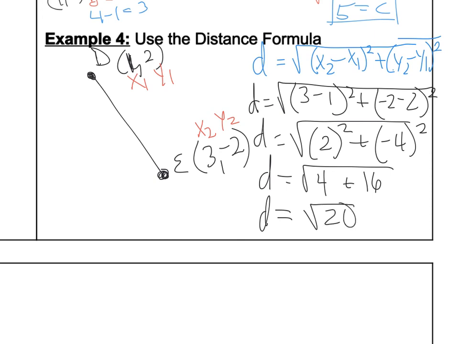Now you need to take the square root of 20, and your distance is going to be 4.5. That is how long it is from D to E, 4.5 units.